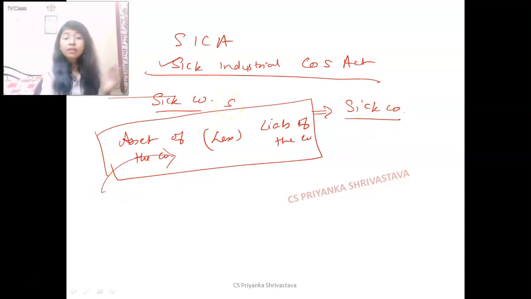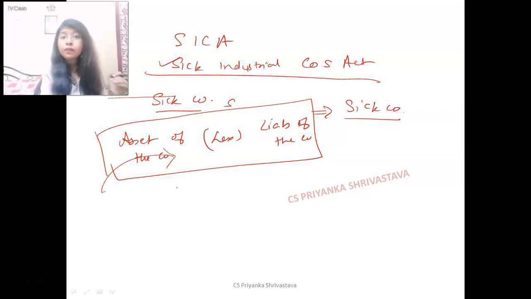So whenever a company becomes sick, whenever a company becomes weak, it is the duty of the nation, because we want our GDP to increase, we want our economy to grow. So we don't want any company to die just like that.